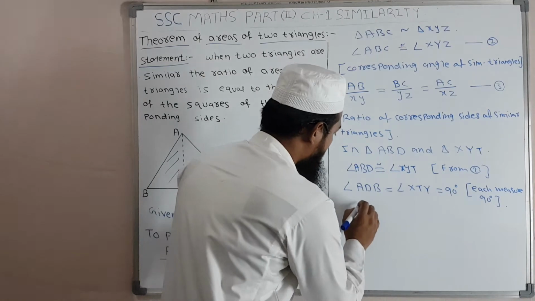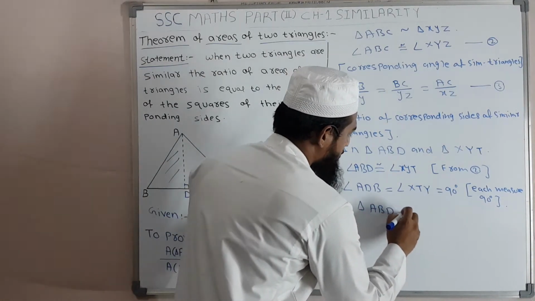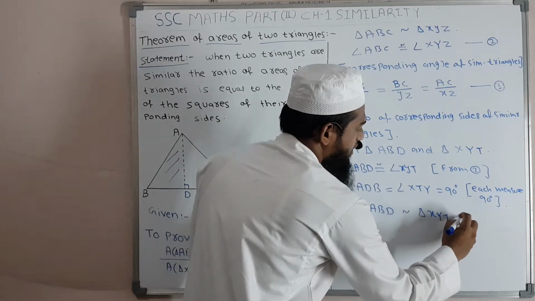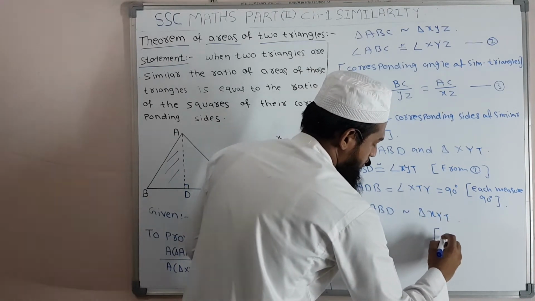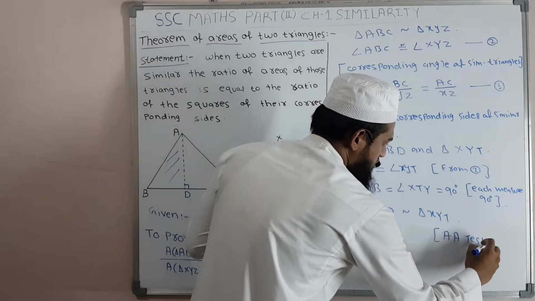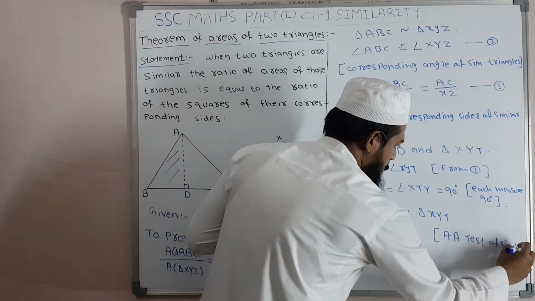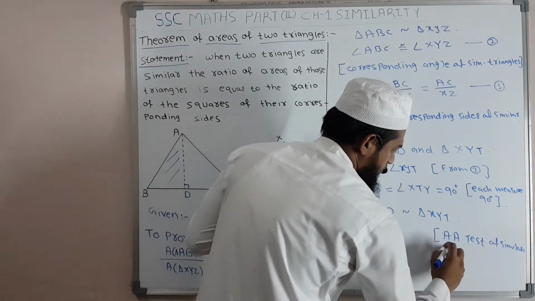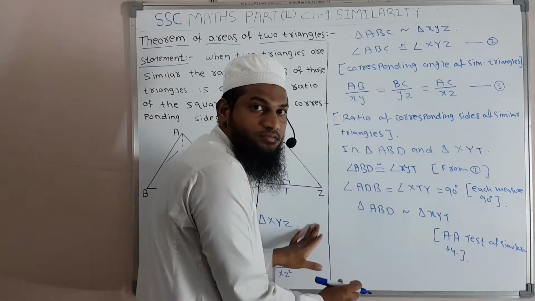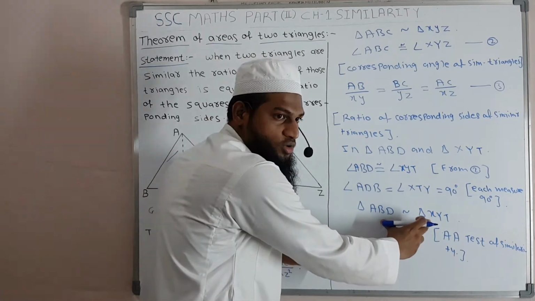So I can write here triangle ABD is similar to triangle XYT. What is the reason? Angle test of similarity. I have proved these two triangles similar.